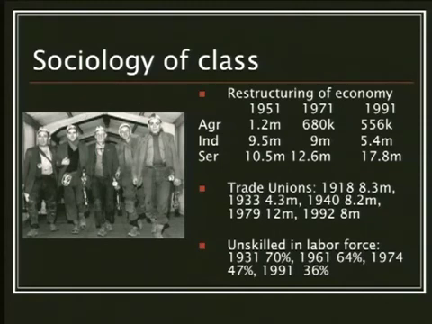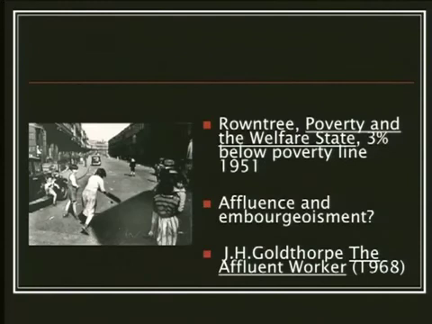Nonetheless, what I'm trying to get across to you in these figures is that measured in terms of the experience of work, there seems to be no disappearance of the working class at all. So how is it that we are going to be engaged in a conversation about the supposed disappearance of the traditional working class? Where did all of this talk of the strange death of the working class come from?